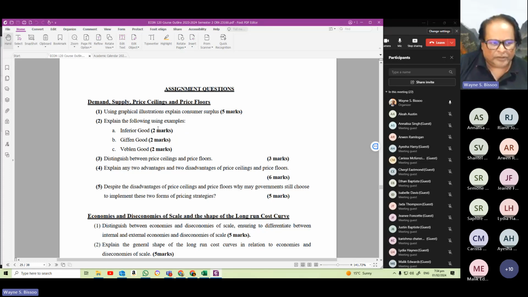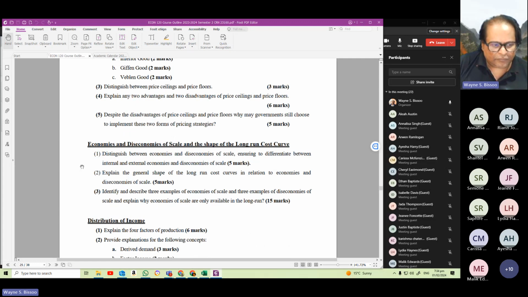All right. So the assignment questions, you have the set of questions under the demand, supply, price ceilings and floors, 5 questions there. Then you have 3 questions for economies and diseconomies of scale. That's going to be these here, of which one of them you've tackled already in the forum discussion. That's question 2 here.